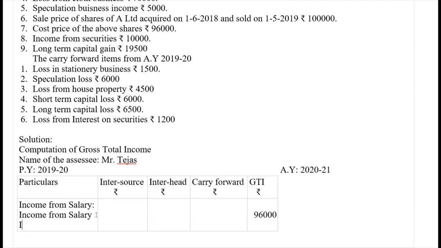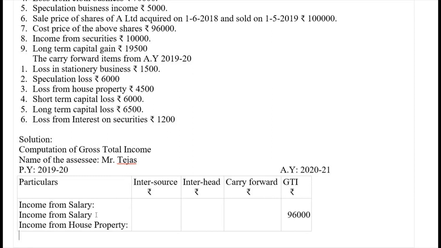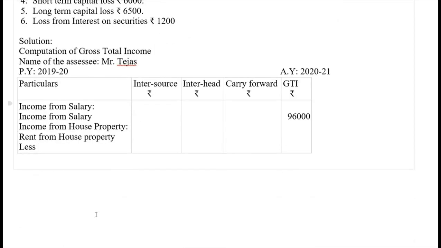Then income from house property. Here, rent from house property less deduction under section 24, that is a standard deduction of 30% of the rent received.